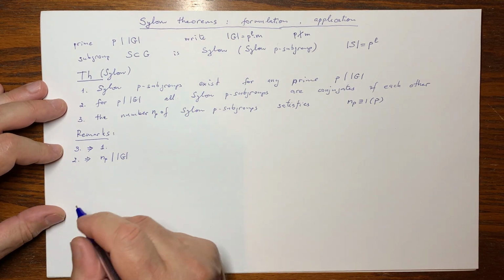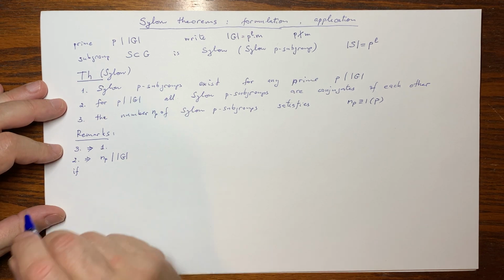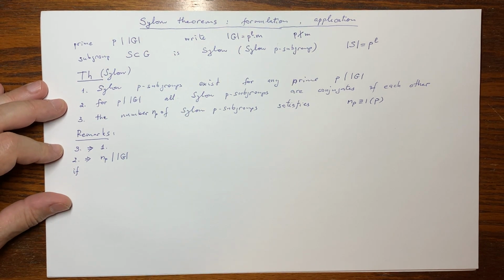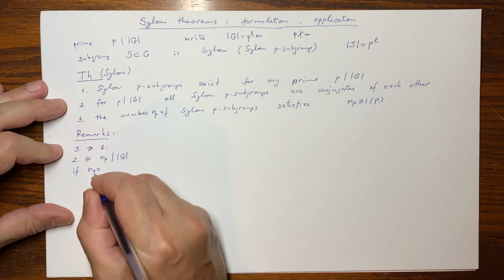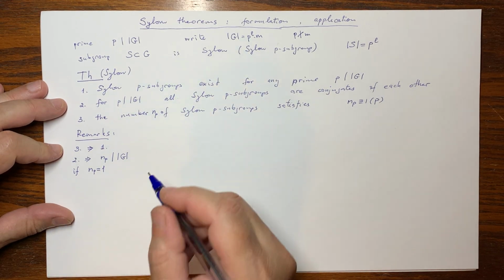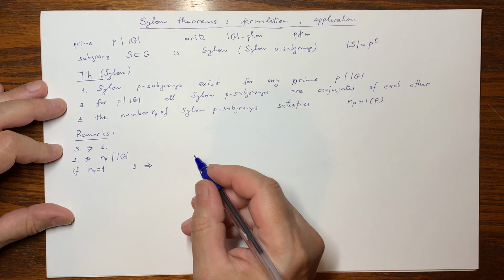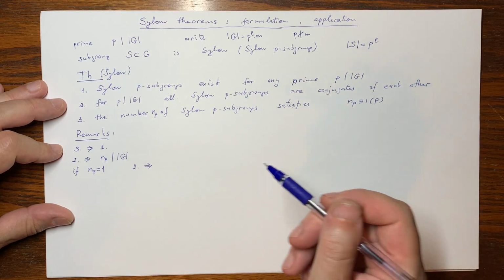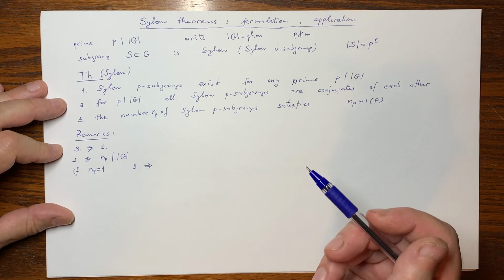And the final remark is the following, which already hints at the hidden power of these Sylow theorems. So if this number of Sylow p subgroups for a certain prime p happens to be 1, then the second Sylow theorem implies that there is just one Sylow p subgroup, and all its conjugates have to be just that subgroup.